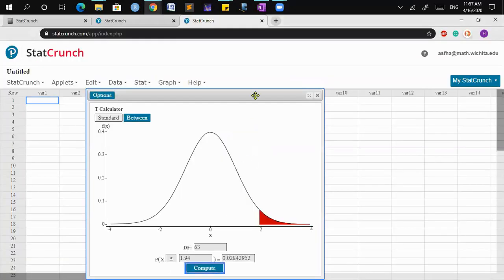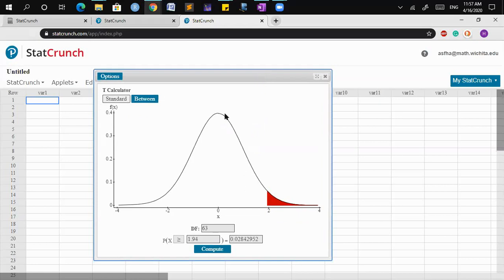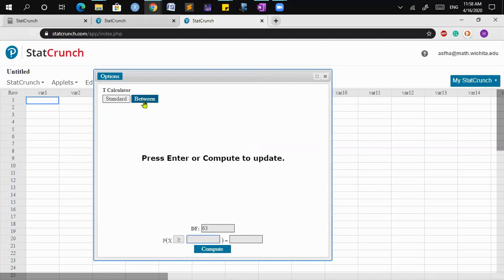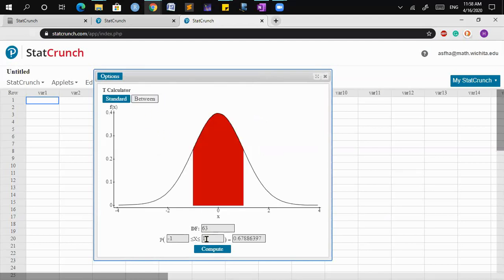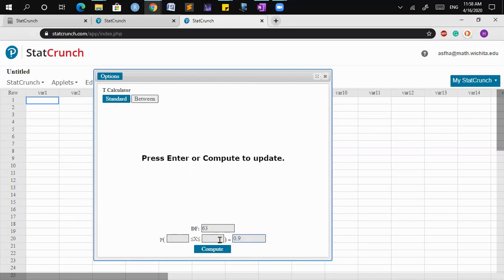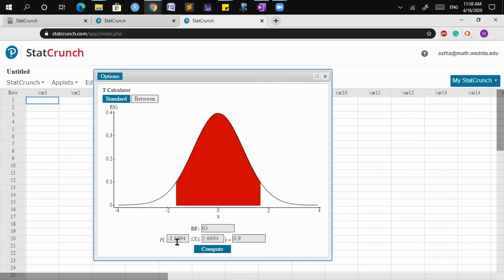Here, do you see the StatCrunch now? Am I sharing that one as well? Yes. So here, the in-between area we want to be 0.9, and we are trying to find these two critical values. And those values are negative 1.67 and 1.67.